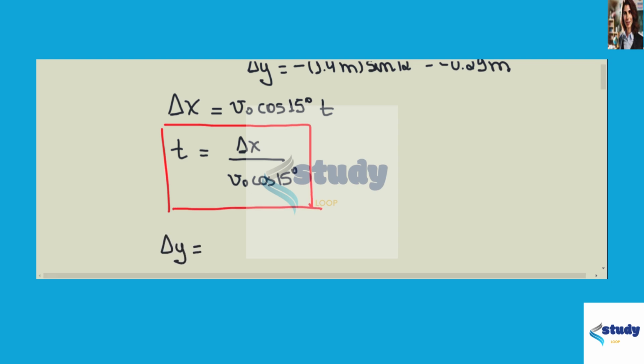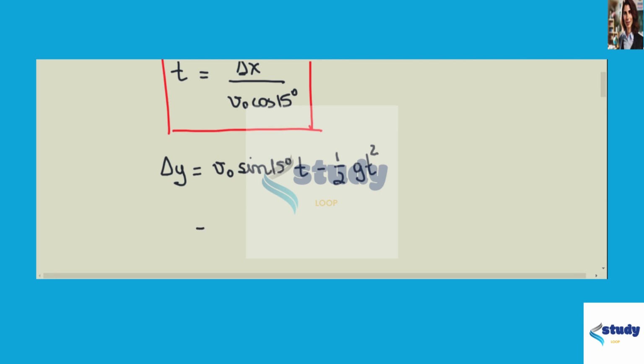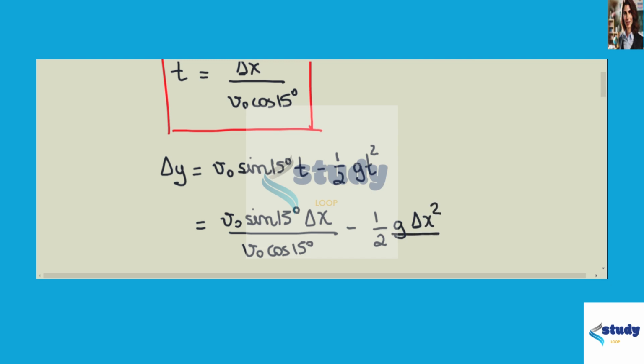So delta y is v0 sine of 15 times t minus 1/2 of g t squared. So it's equal to v0 sine 15 delta x divided by v0 cosine 15 minus 1/2 of g delta x squared divided by v0 squared cosine squared of 15.